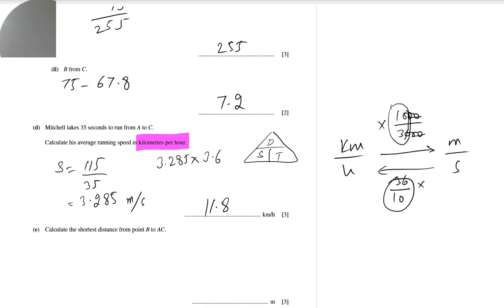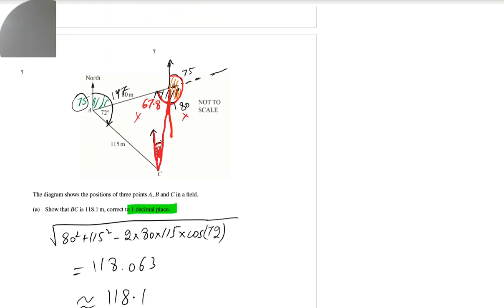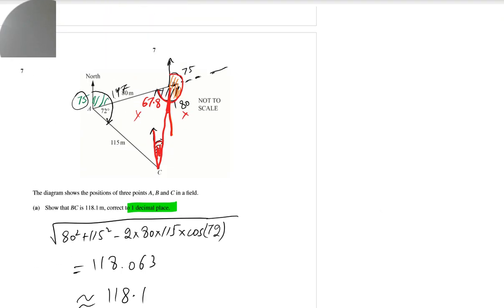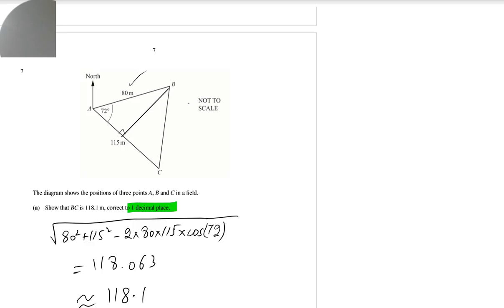Okay, calculate the shortest distance from B to AC. B to AC. This would be our shortest distance. So we have everything over here. I'll be using sine.